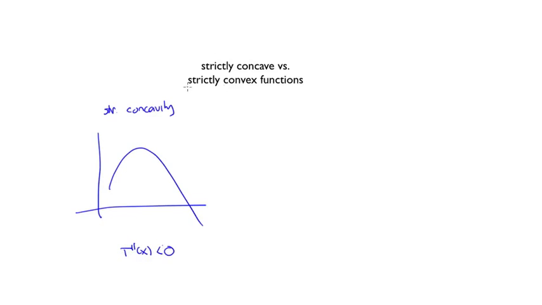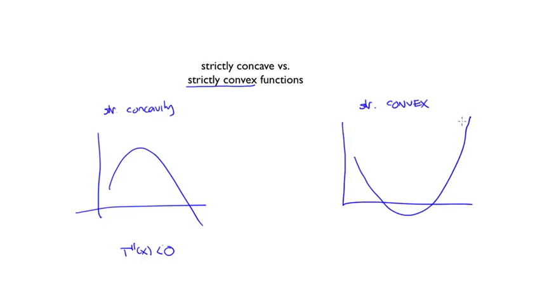You can think of a strictly convex function as basically the flip form. A strictly convex function will be one that looks not like an inverted bowl, but actually like a bowl that can hold water, and in which the second derivative is greater than 0 at all x. It's just the flip side. I hope that the intuition is clear.